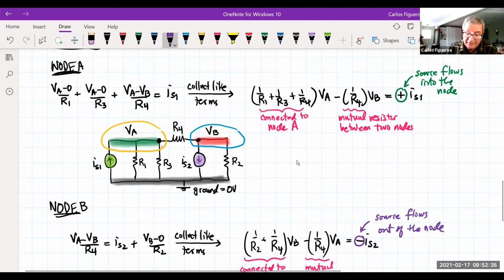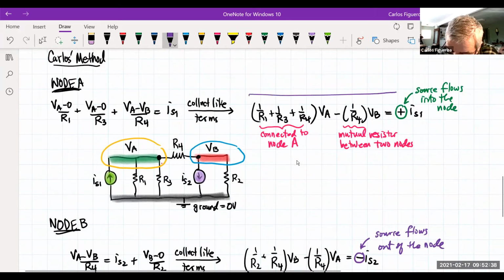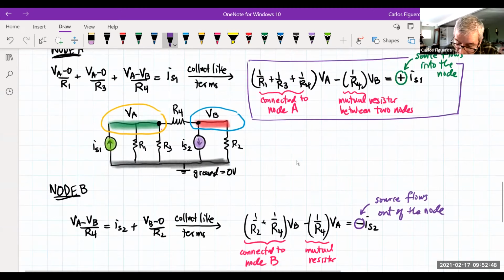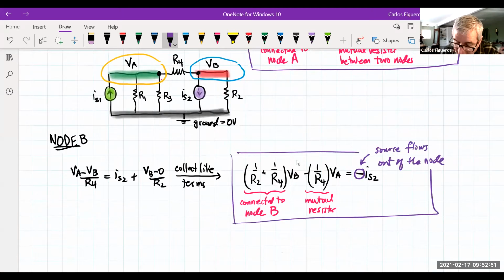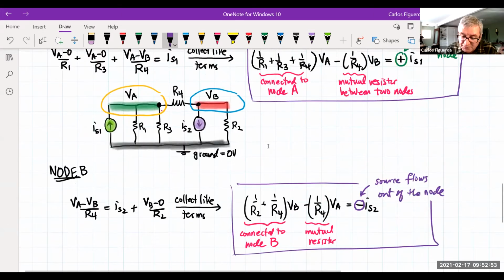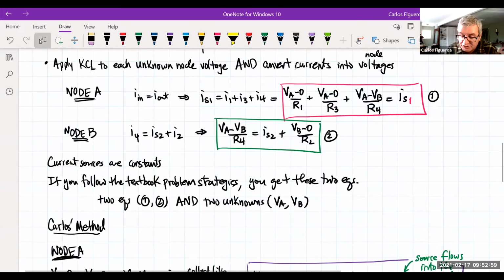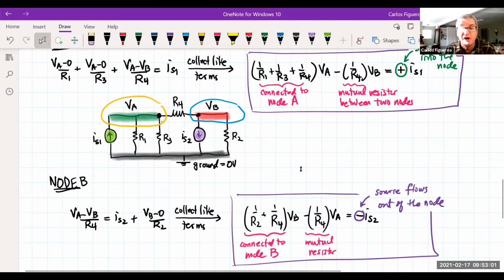So in my opinion, this form is far superior. Why? It's already in the right equation form. When I compare what the textbook does, which is these two equations, versus Carlos's method that puts the equations immediately into solving form, this just saves you algebra. And let me ask you this question. What happens if you have 10 nodes in a circuit?